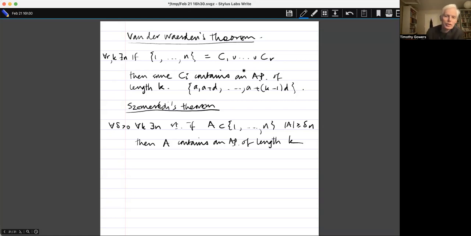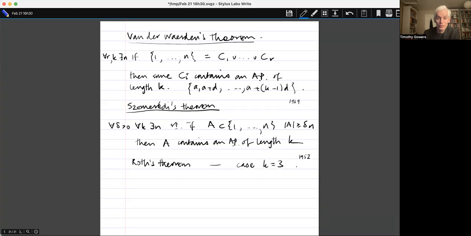Now, what we're going to talk about in the next part of this course is, first of all, Roth's theorem, and that's the case k equals 3 of Szemerédi's theorem, which was proved before. So Roth proved his theorem in about 1952 or 3, and Szemerédi found another proof of Roth's theorem in about 1969.